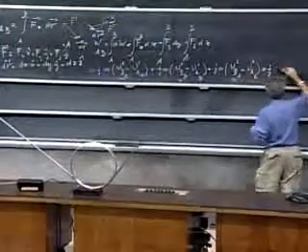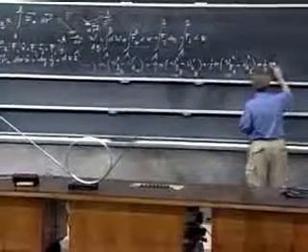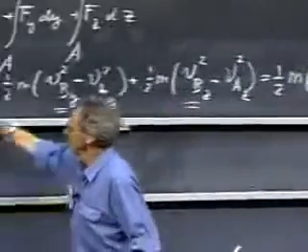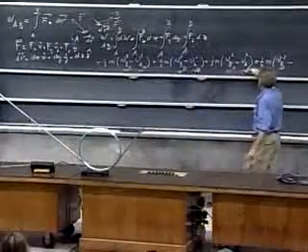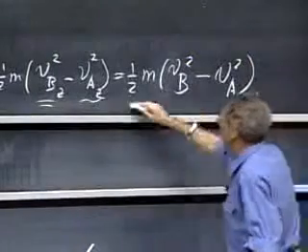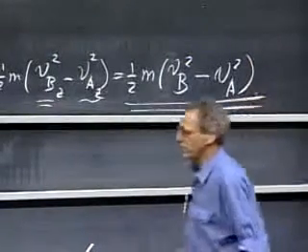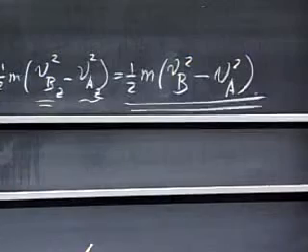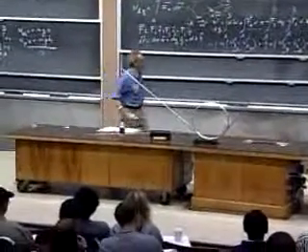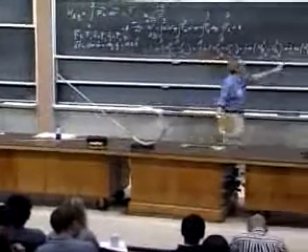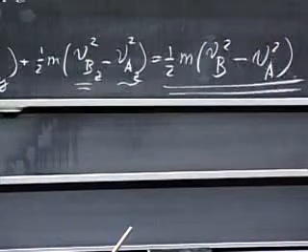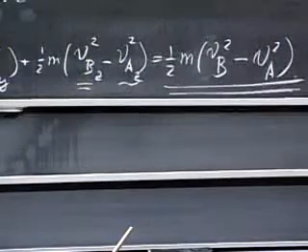Let me put my m in there. 1/2 m times vb squared, and here you see ax squared, ay squared, az squared, minus va squared, and you get exactly the same result that you had before, namely that the work done is the difference in kinetic energy. You can always think of these as speeds. Velocity squared is the speed. It's the magnitude squared of the velocity.